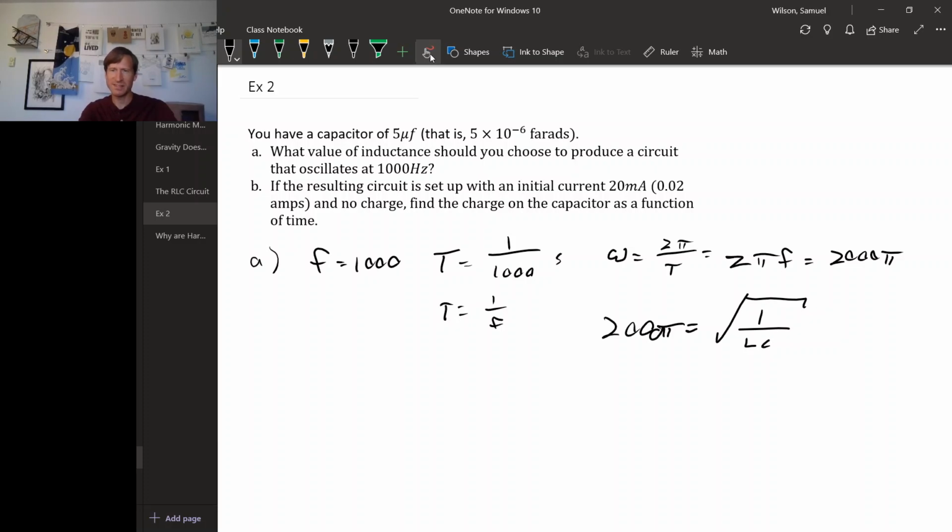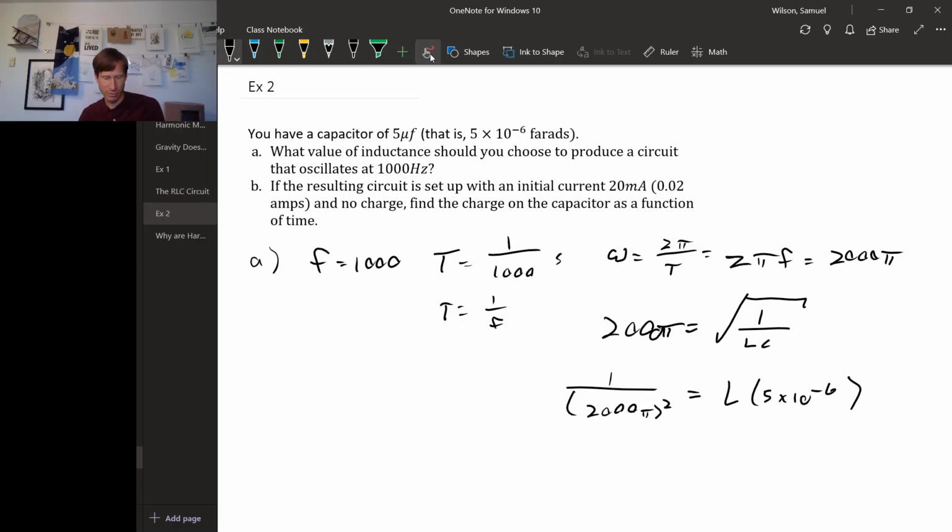Square both sides and take a reciprocal. We get 1 over 2,000 pi, squared, is equal to L times C, but we know what C is. Our capacitor is 5 times 10 to the negative 6th farads. And so we just need to solve this for L.